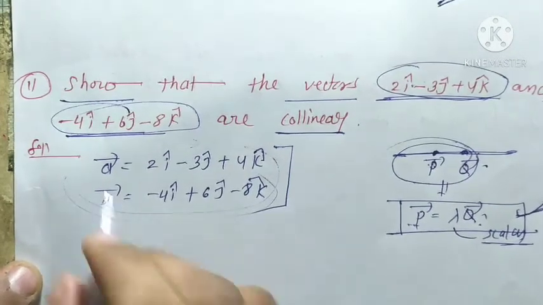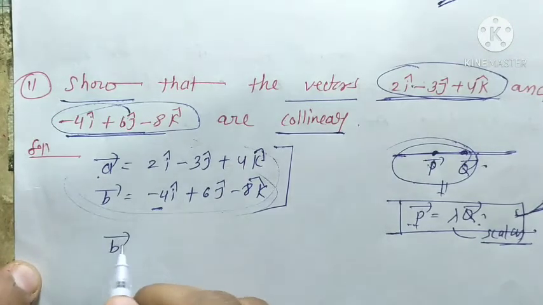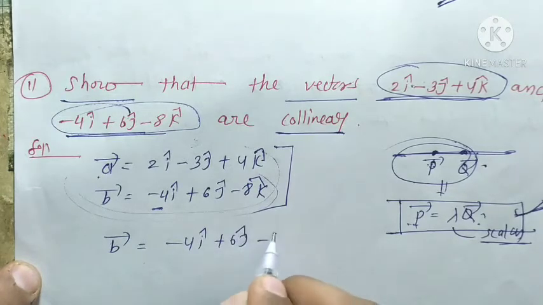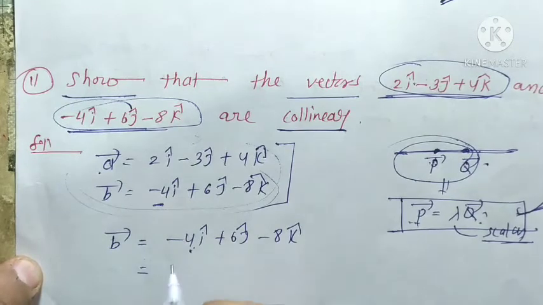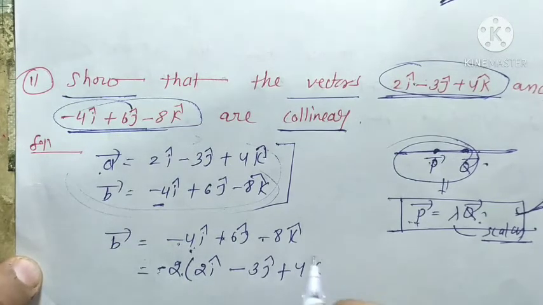So how do we find this? Look at vector b, minus 4i plus 6j minus 8k. We take 2 common, and we also take the minus sign. What is left here? 2i, minus 3j, and plus 4k.